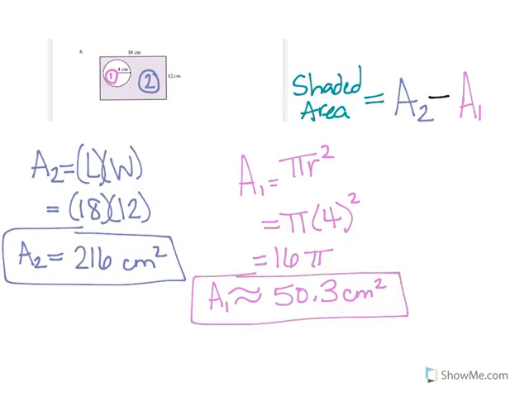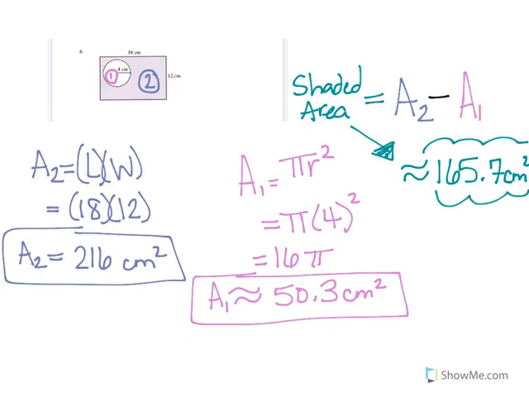And now when we subtract these values, 216 minus 50.3 is going to give us an area of 165.7 square centimeters. So our shaded area is going to be 165.7 square centimeters.